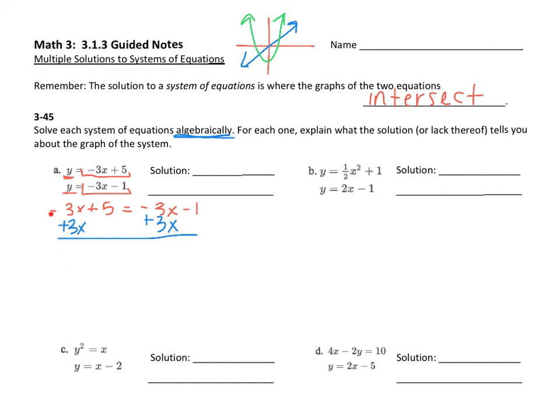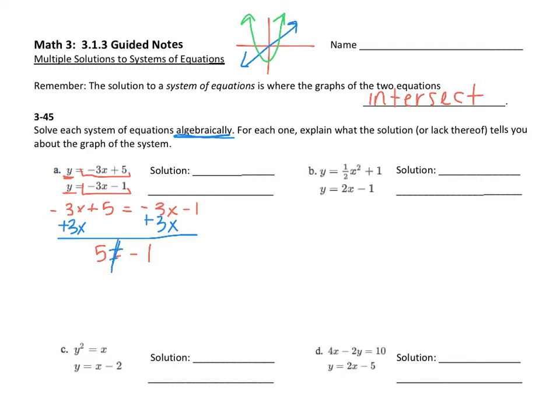So I have 0x left on this side, and 0x is left on the other side as well. What that leaves me with is 0x plus 5, or just 5, equals 0x minus 1. So my x's disappeared, and now I'm left with this statement, 5 equals negative 1. The problem is that that is not true. That is very false. 5 never equals negative 1.